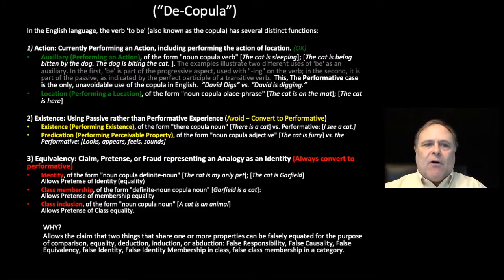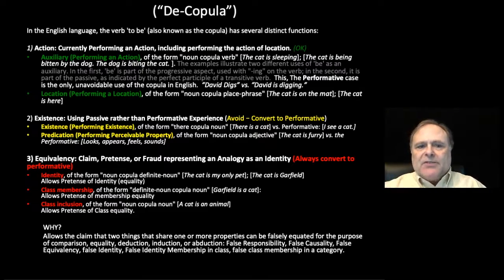So we're trying to get all of these things into performative: from an action that is described as performative, to an existence converted to performative form, to an identity converted to a performative form.